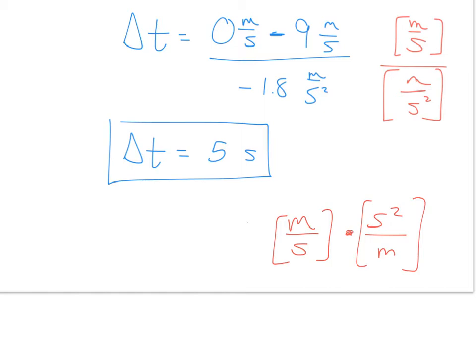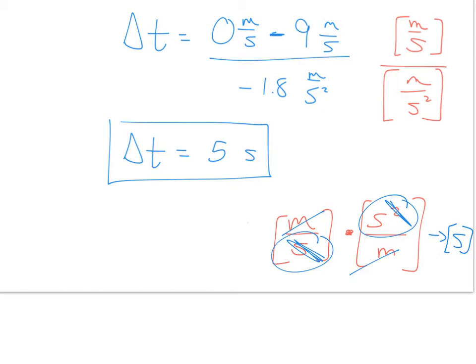Fraction divided by a fraction means take the first fraction and multiply by the reciprocal. Meters cancel. Seconds squared over seconds: the seconds squared cancel with that second, leaving behind simply seconds for units. So you can always check your units by performing that operation. It's a unit dimension check.